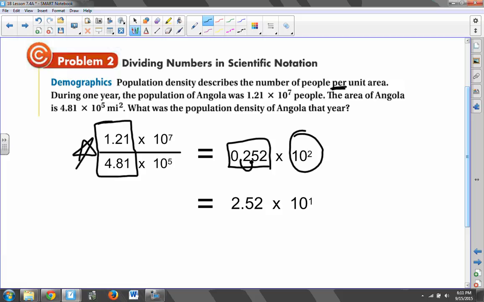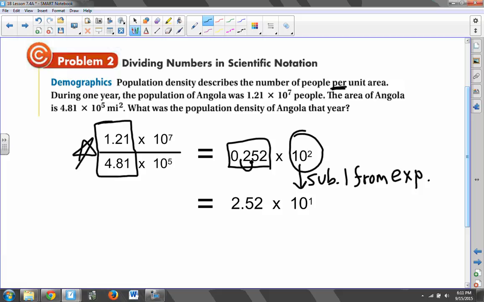Now, moving my decimal place to the right 1 space means I need to take 1 exponent number away from my 10. Okay, so instead of 0.252 times 10 to the 2nd, since I moved that decimal place 1 space to the right, I subtract 1 from the exponent.